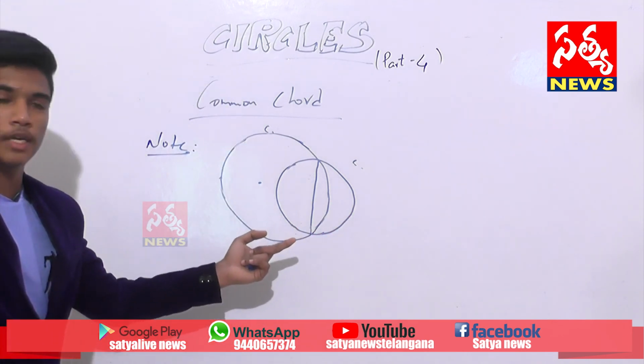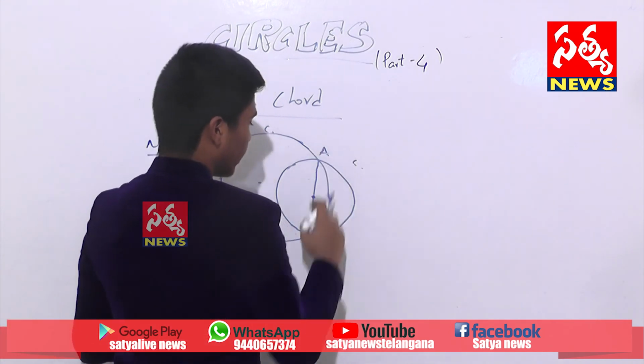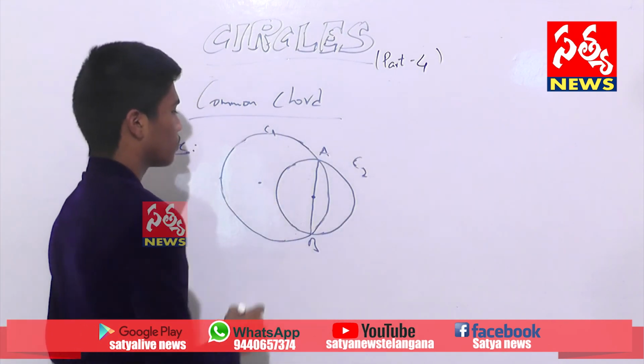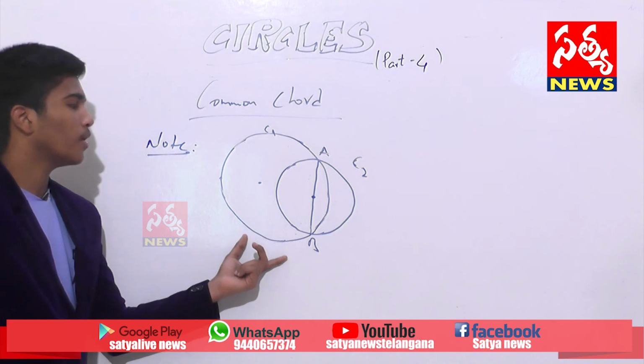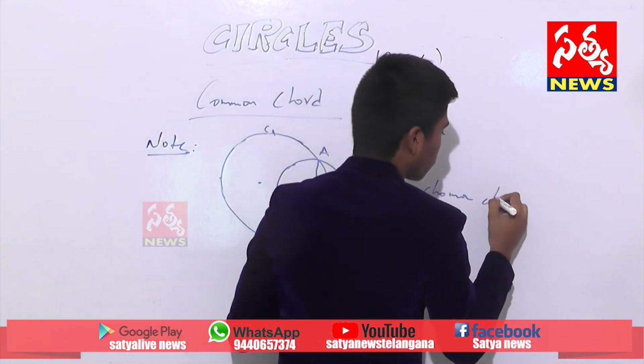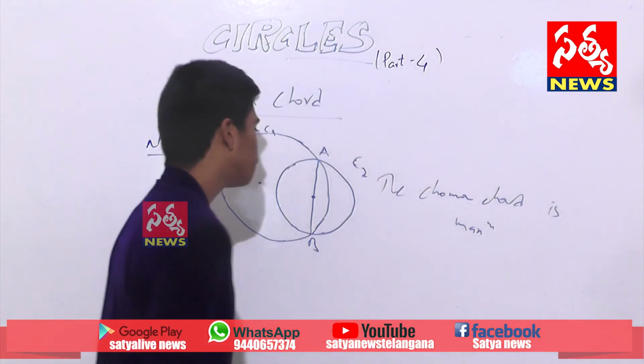Okay, this is the condition where AB is the diameter of circle C2. This is the condition when the common chord is maximum.